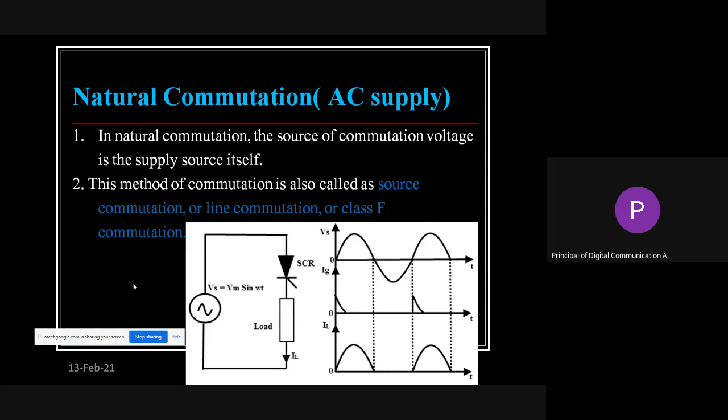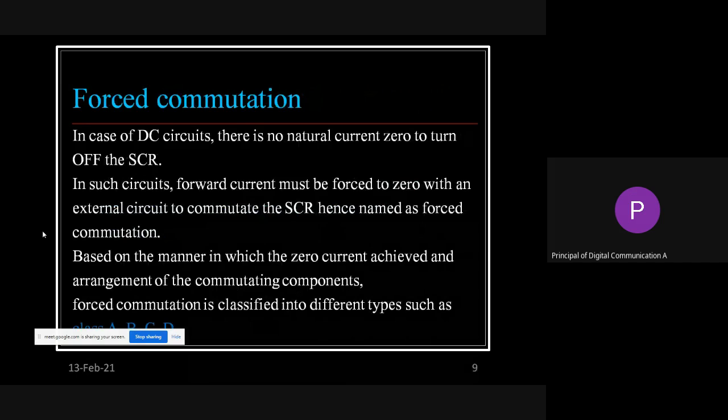So we are going to use external components and external circuitry added to this particular SCR so that they will have control on the on-off of this SCR, and that is called the forced commutation. It is known as the forced commutation.